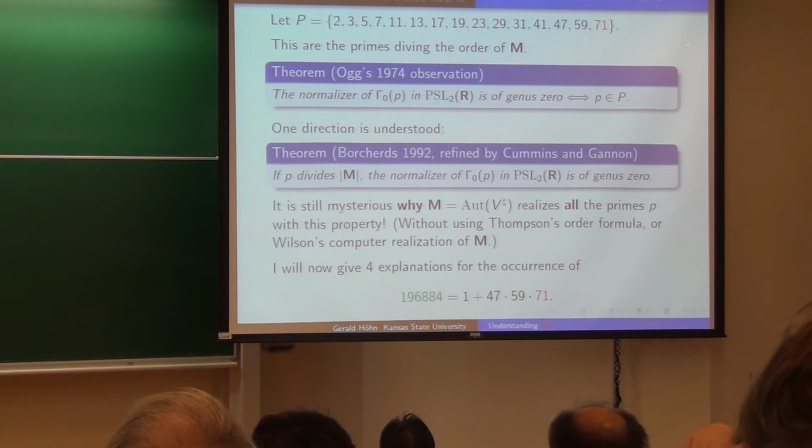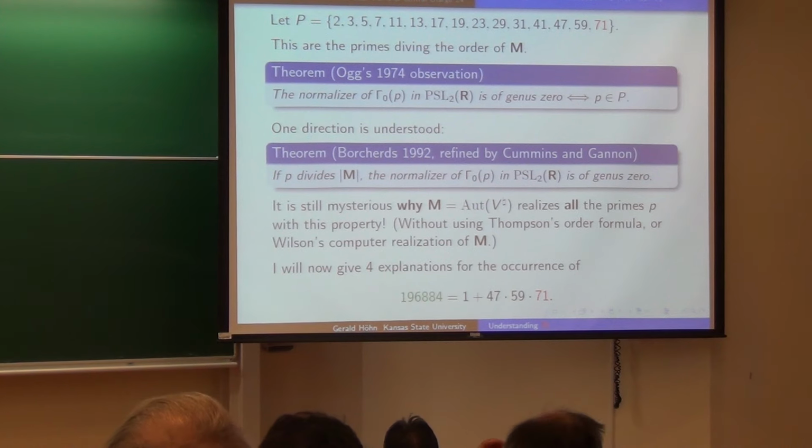Now, one direction, namely that if we have a prime divisor of the order of the monster then the normalizer has genus 0, was explained by Borcherds, who constructed out of this a generalized Kac-Moody algebra and then the equivalent denominator identity of the monster Lie algebra resulted in the function having to be of genus 0. The last step was later simplified by Cummins and Gannon.